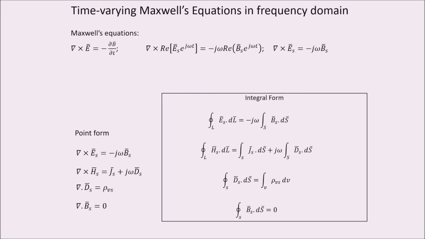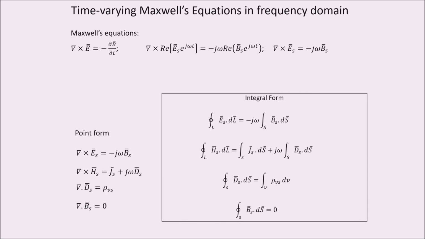We are going to transform the time domain Maxwell's equation to the frequency domain now. We consider one of Maxwell's equations: curl of E field is equal to negative partial time derivative of B field. Replace E and B with the real part of their respective Euler's expressions and the derivative with j omega.